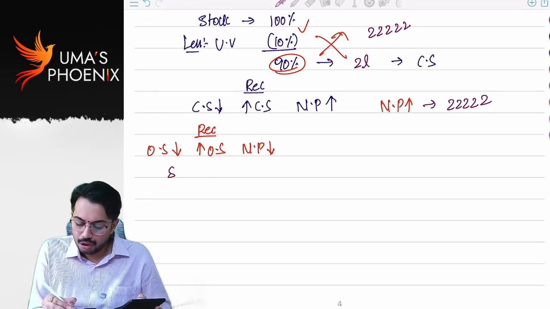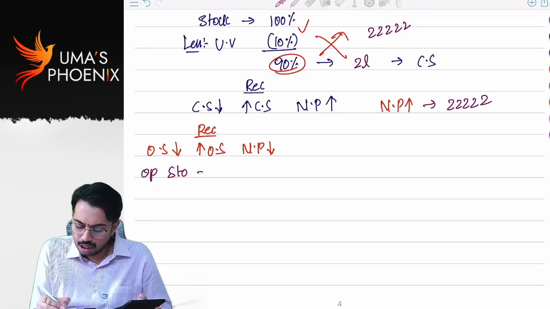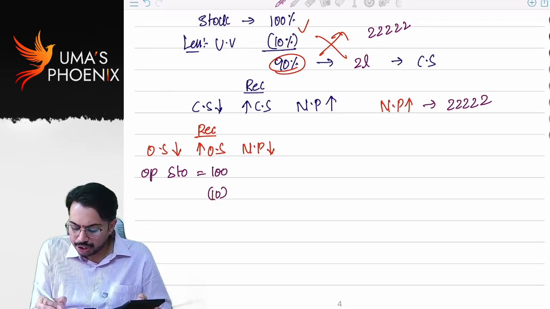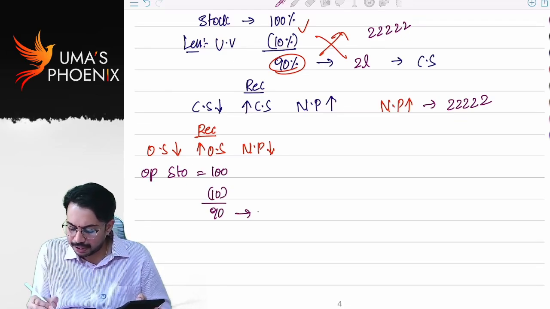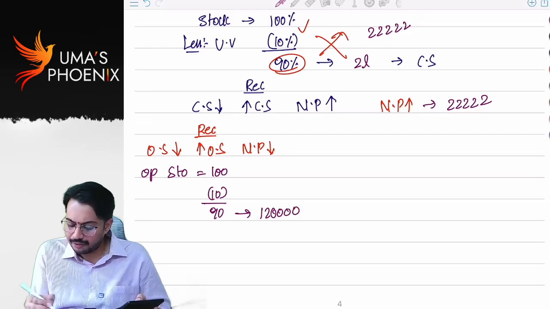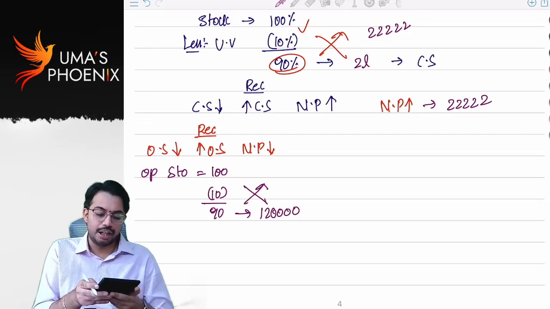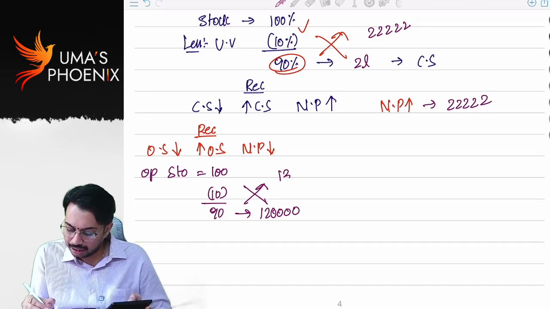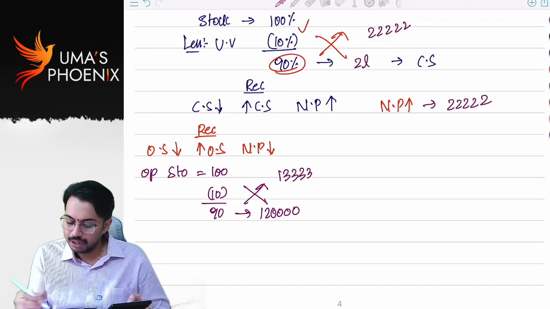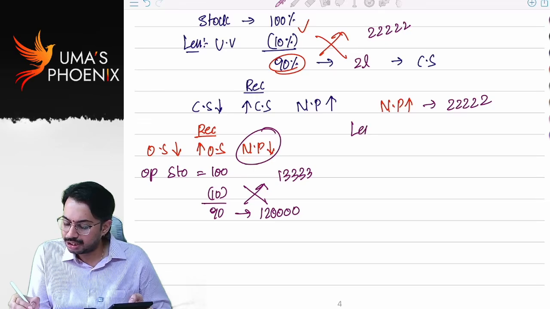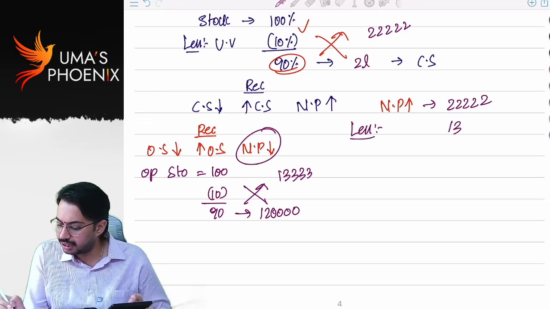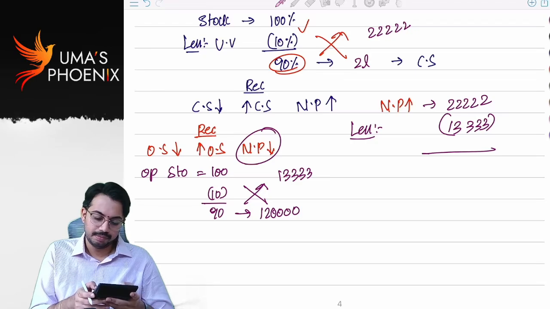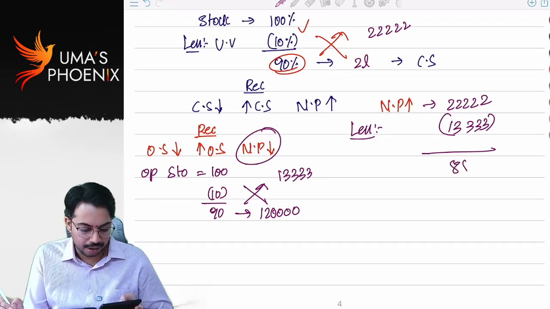Opening stock. 100%, undervaluation 10%, balance 90%. Opening stock is at 1,20,000. Cross calculation. 1,20,000 divided by 90 into 10, 13,333. So net profit decreases. So we will decrease 13,333. So how much is net effect? 8,888.